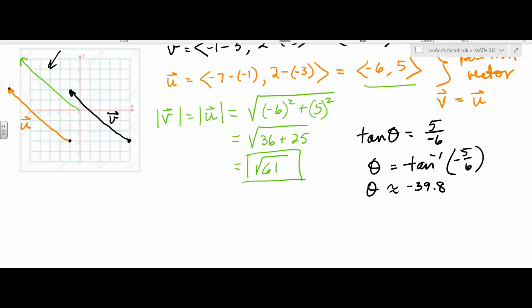I forgot we're in degrees. So we're looking for this direction right here, this theta. Once you add 180 to this, theta is approximately equal to 140.2 degrees. And I think that's all they want. We've drawn everything. So that's it for that one.